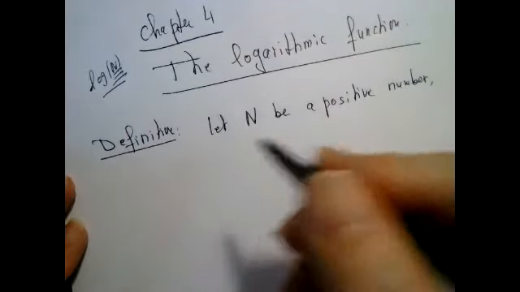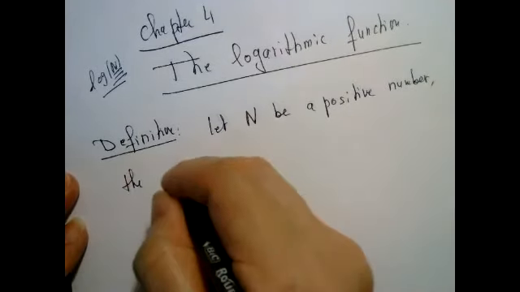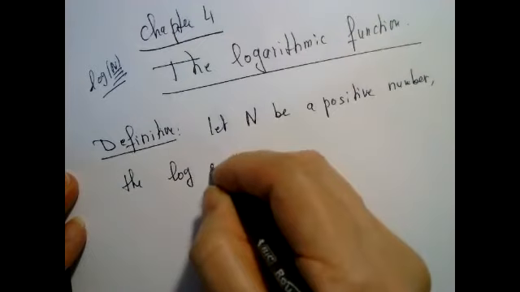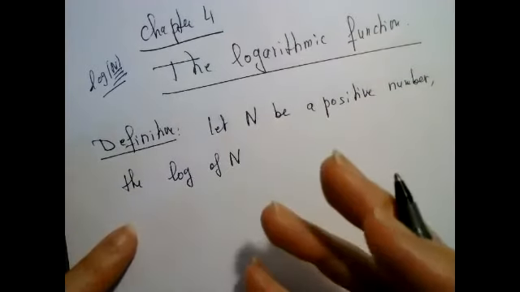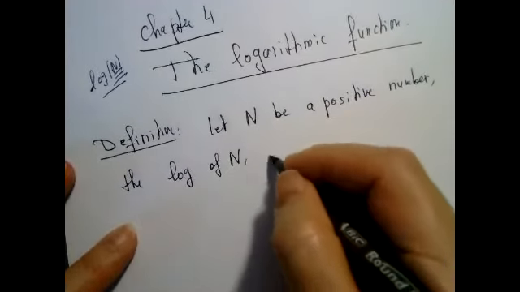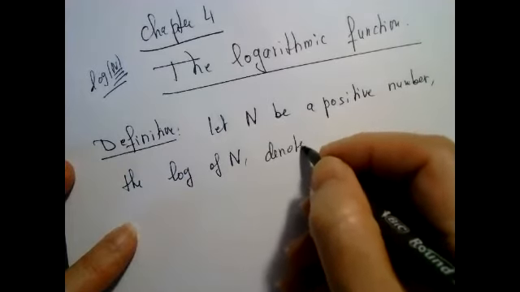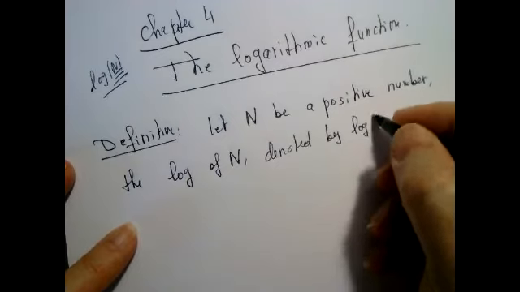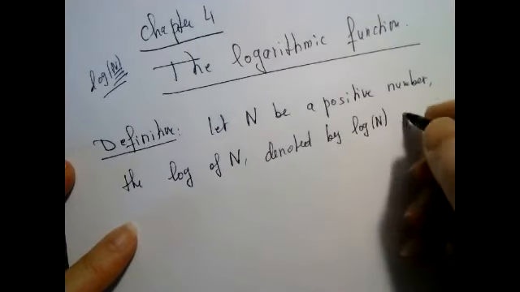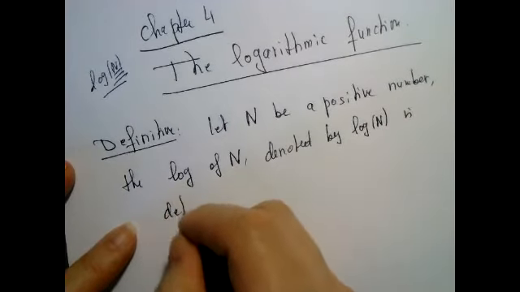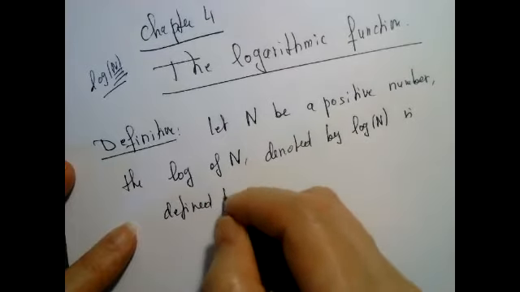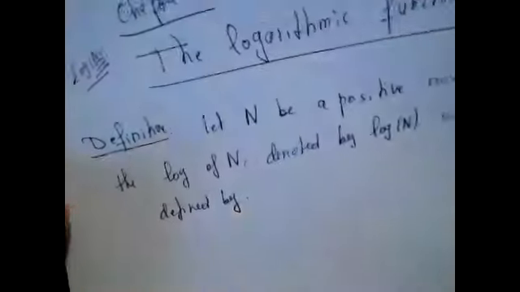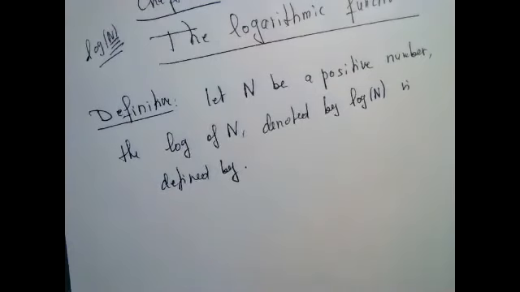Then the log of n, so it's a new rule, a new function, denoted by log of n, is defined by. So what does this new thing called log of n mean?